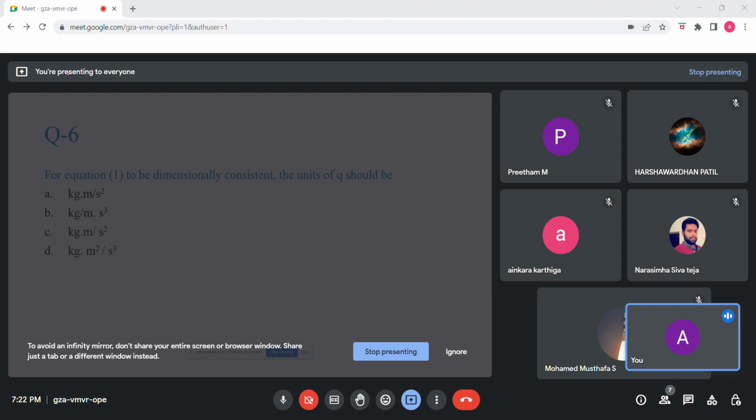For equation 1 to be dimensionally consistent, the units of Q should be... so Q is equal to k d²T/dy². We have been given this. k is the thermal conductivity given in watt per meter Kelvin, T is temperature in Kelvin, and y is the distance in meters. And Q is the volumetric heat generation, the unit of which we need to find.